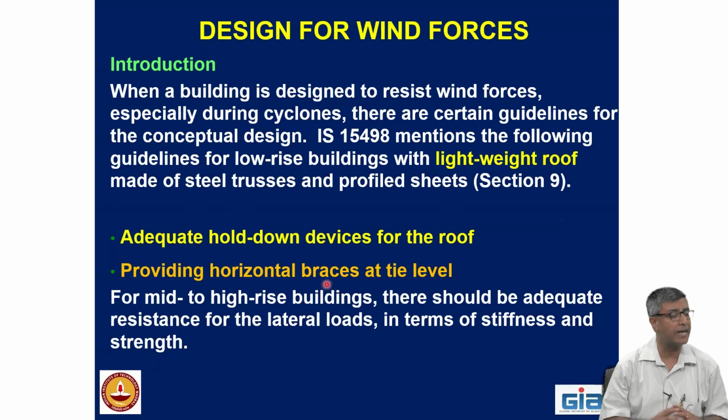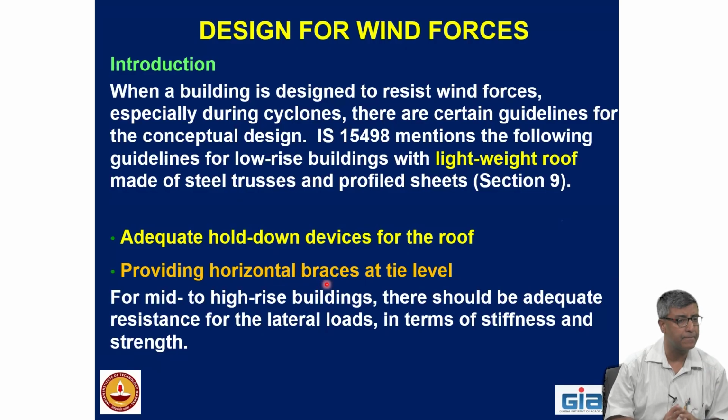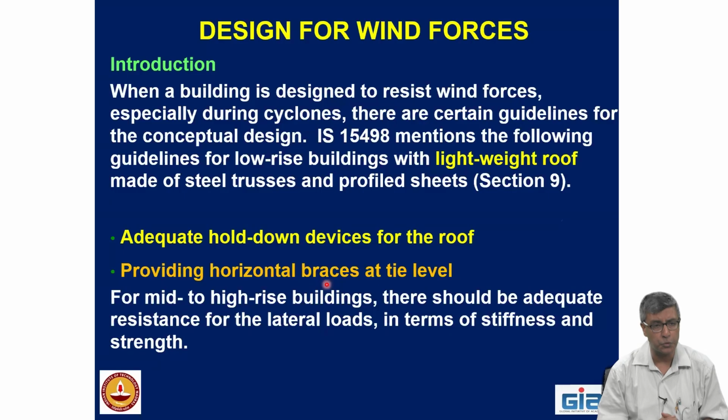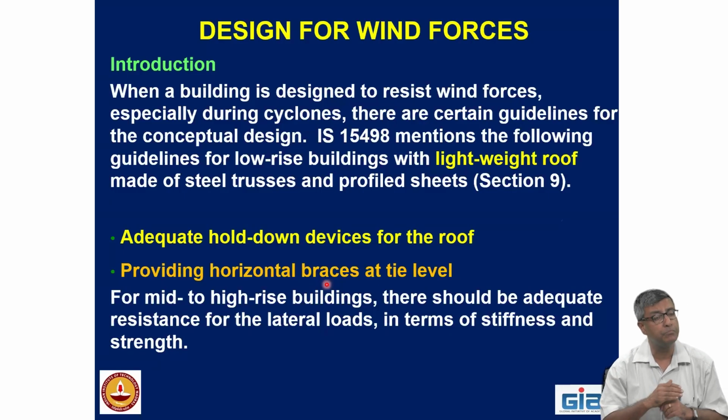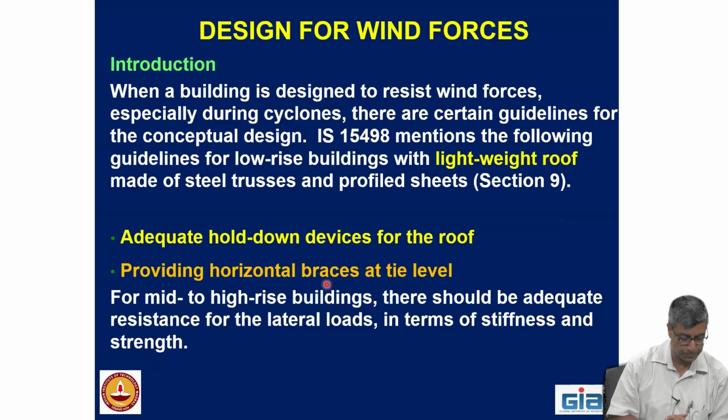When we visited the factory, I told you to look up to see what type of bracing they have used. At 5 bays, they have used bracing at the horizontal level for the roof. What was it for? It is to have substantial stiffness against these lateral forces. Otherwise, the rafters will try to slide against each other.